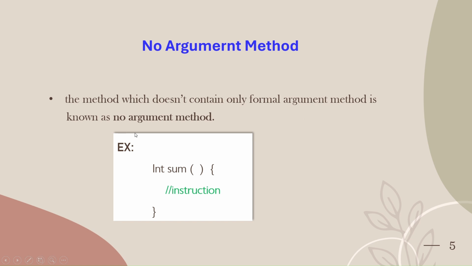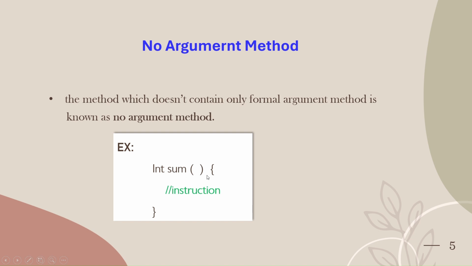You can see this example, int sum. No argument means no variable is created inside the parentheses of sum. We don't create any variables. That is why it is called a no argument method.